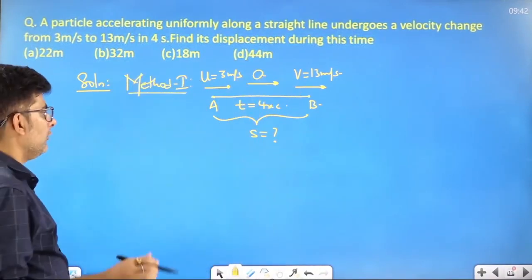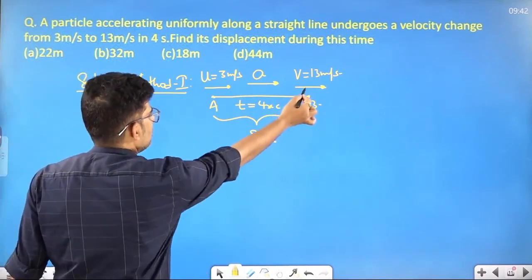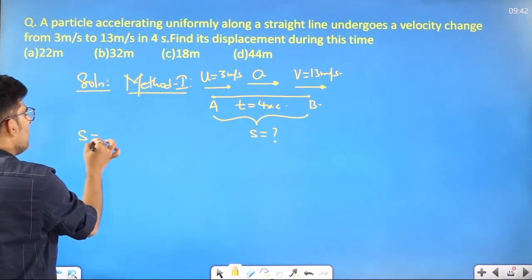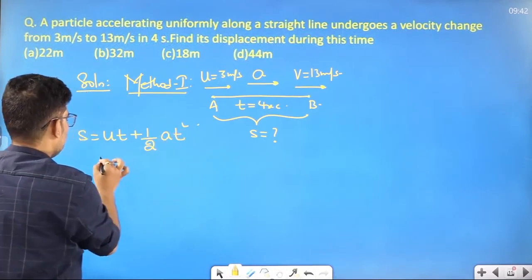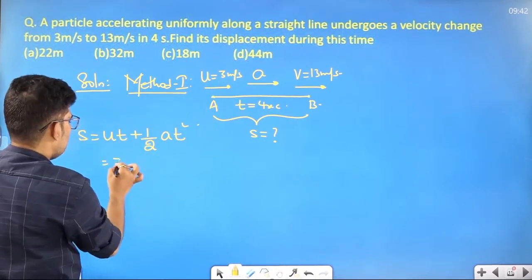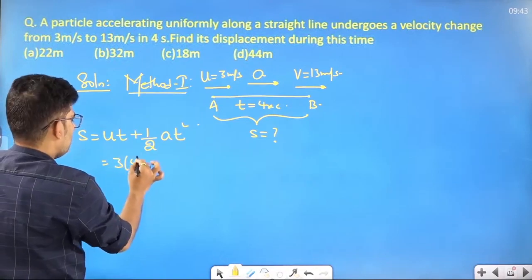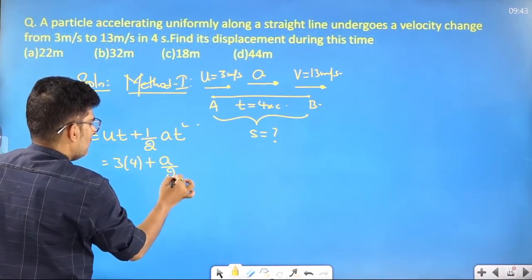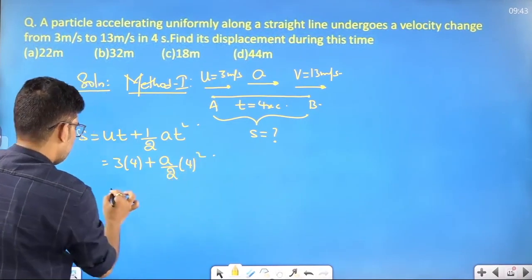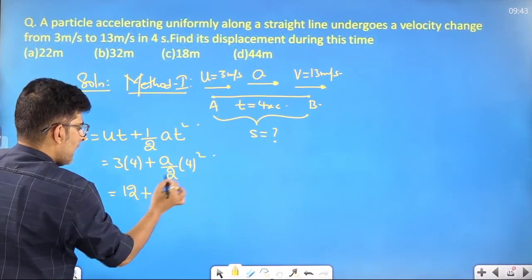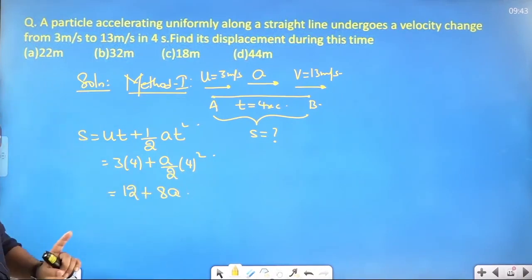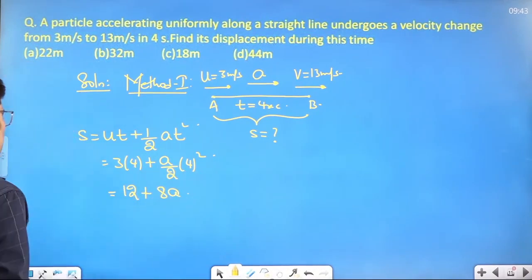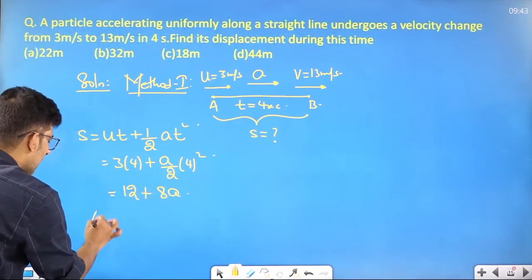Now you will think, which is the formula which relates s, u, a and t? So you will say, okay, I will use s equals ut plus half at square. Now u is given as 3, time is given as 4, but acceleration is not known. So you will say 3 fours are 12 plus 4 fours are 16 by 2, 8a. You will stop here. Now after that, you have to find a. How to find a?